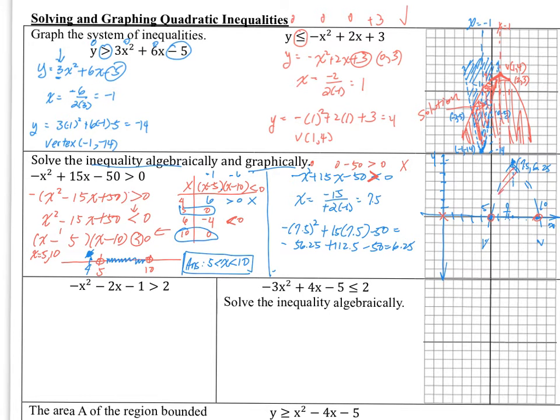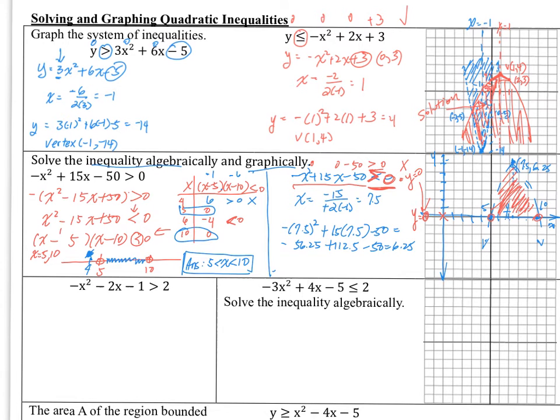So we need to shade on the inside. But we cannot shade below the x-axis, because the graph of the x-axis would be y equal to 0, right? This entire quadratic inequality is greater than 0. This 0 means when y equals 0, and the graph of that is here. We want all the points above it.